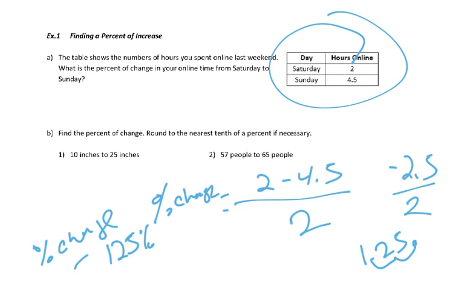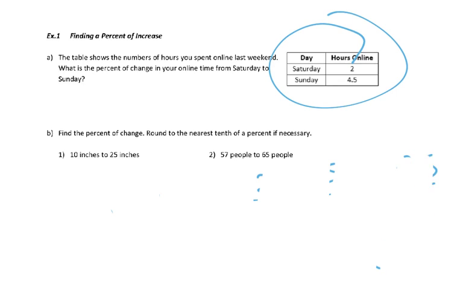Okay, now if we look at this one at the bottom, I'm going to go with the 10 inches to 25 inches. So we're trying to figure out that percent change. So again, that is going to be the change all over the original amount. So it's going to be 10 minus 25 all over 10.